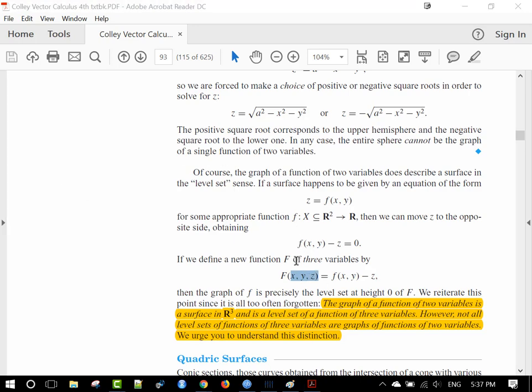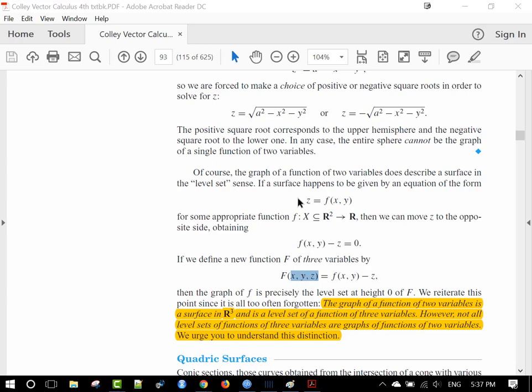Now capital F of x, y, z, we could think of the level sets for this function. Remember that the graph of this would be in R4, right? Then we can also talk about the level sets, or what do they call them, level curves?